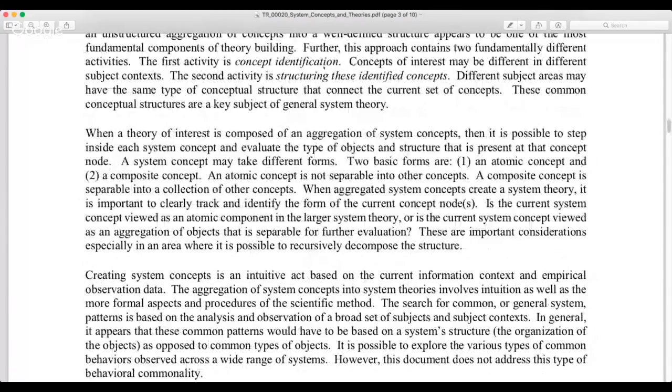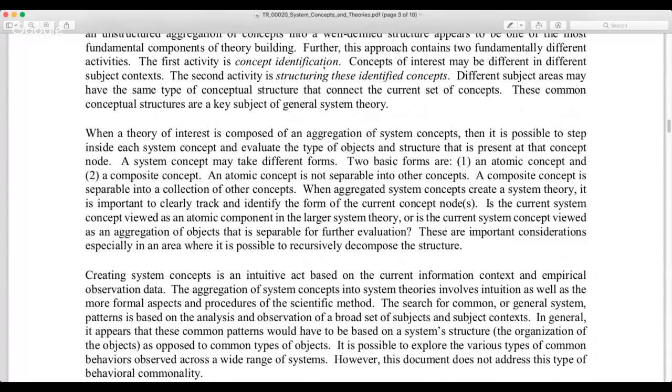These are things that really need to be addressed, and there are many different attributes and characteristics, not only of the concepts but also of the theories, that can be used to distinguish them from each other. And so one of the things about the theory of interest is that it's an aggregation of system concepts.